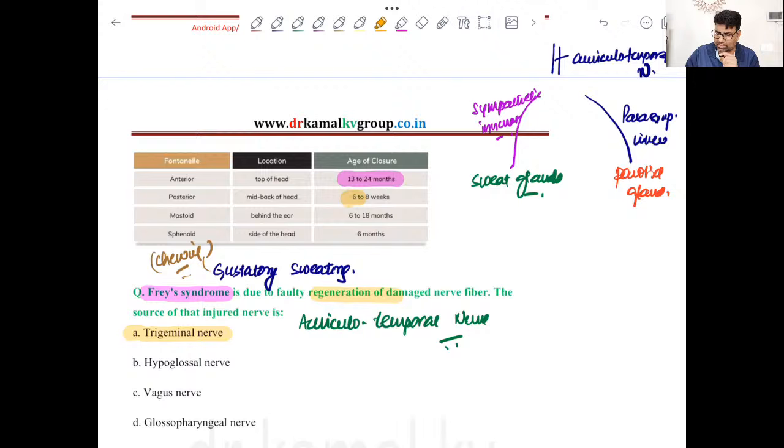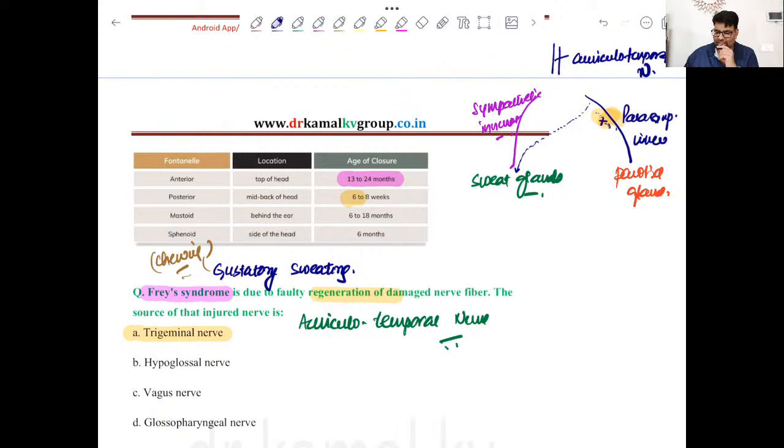So suppose if there is injury somewhere here, so whenever there is regeneration, ideally it should connect in the same manner. But what happens, rather than connecting in the same direction, it goes and connects somewhere here.